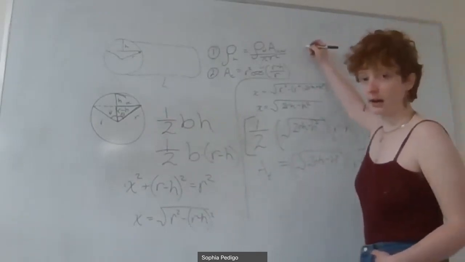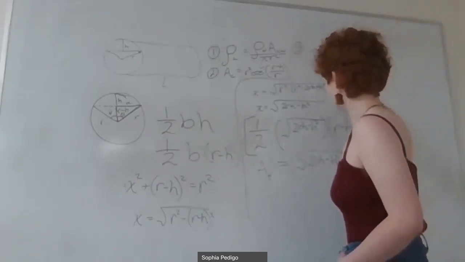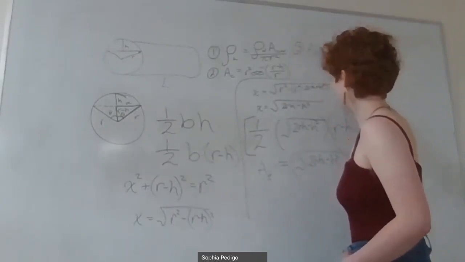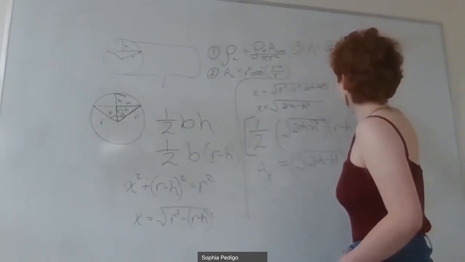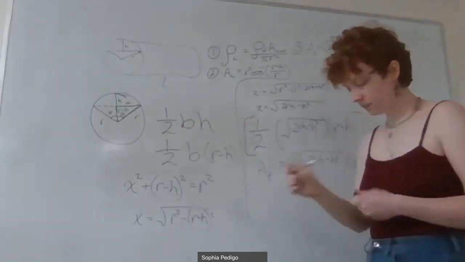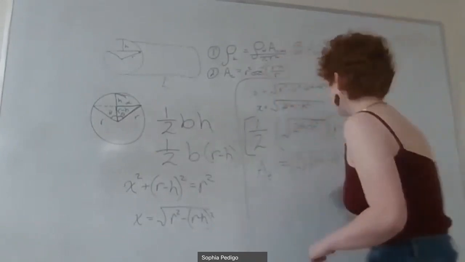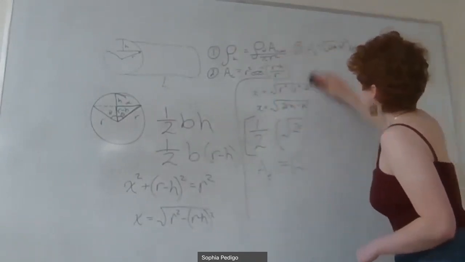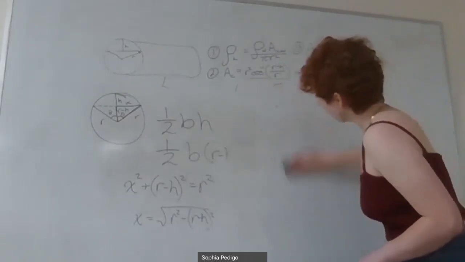Now that we've solved that, I'm going to write that up here with our other equations. So we have the area of the triangle is equal to the square root of 2rh minus h squared, all multiplied by r minus h.